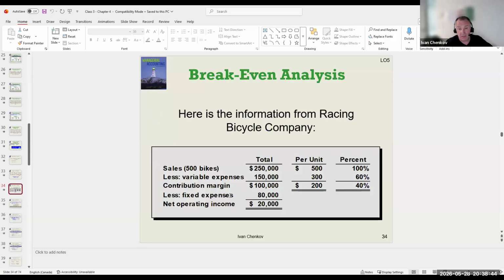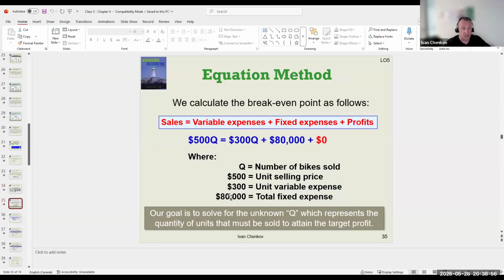So once we have our information and we know the sales price per unit, the variable cost per unit, the contribution margin per unit, the fixed cost, and the ratios, then it's easy to apply the formula.